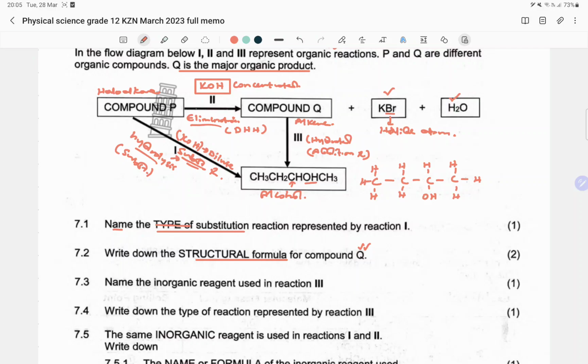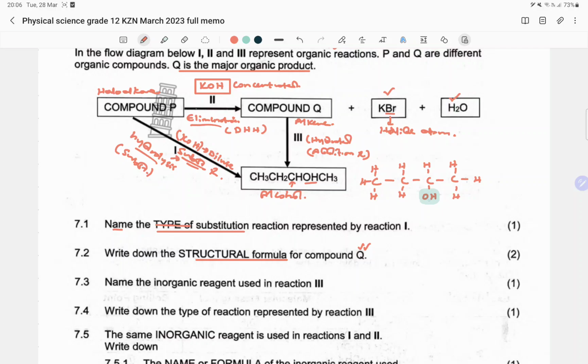So remember, when we're doing a substitution reaction, we've added something. We substituted something. So it means this guy came out as a substitute of a hydrogen that was here. So it means here there was a hydrogen for us to end up like that.